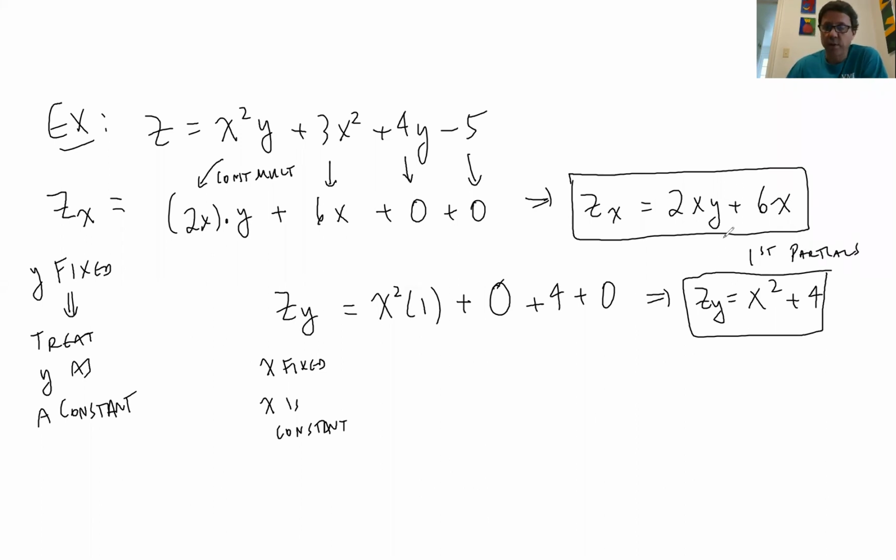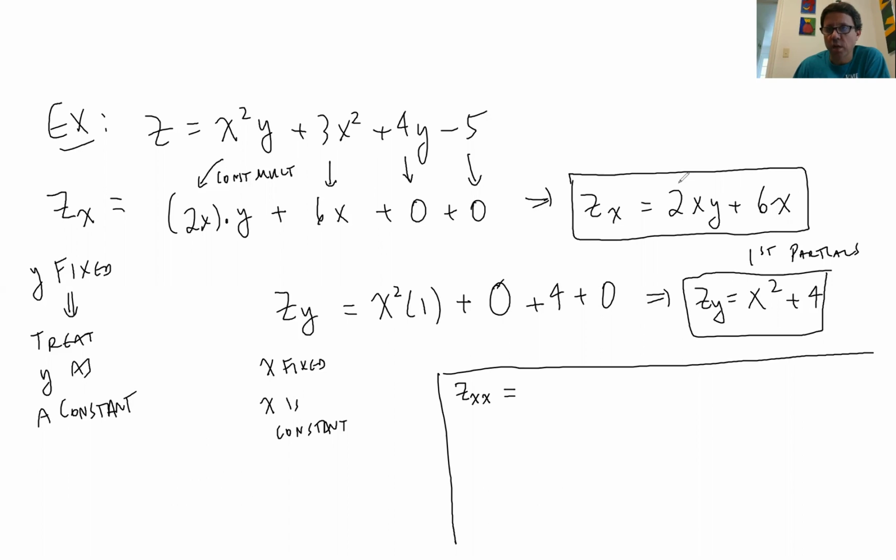And you can see they're different. I mean, they're typically going to be radically different from each other. Now, if I wanted to do z sub xx, if I wanted to take the second partial, what that means is to look at z sub x and do the derivative of that one now with respect to x.